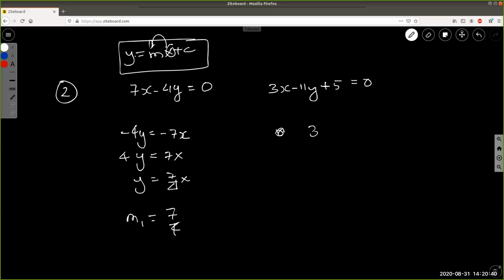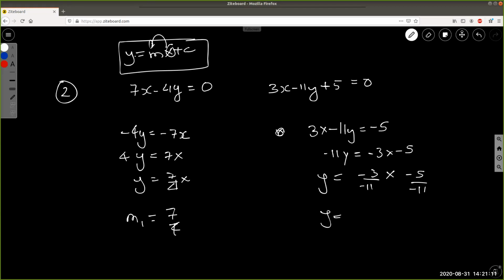M2: 3x minus 11y is equal to minus 5. So minus 11y is equal to minus 3x minus 5. So y is equal to minus 3 by minus 11 x minus 5 by minus 11, it becomes plus.